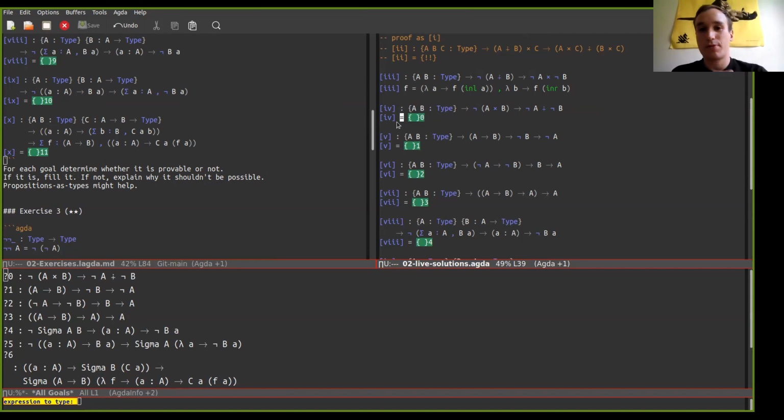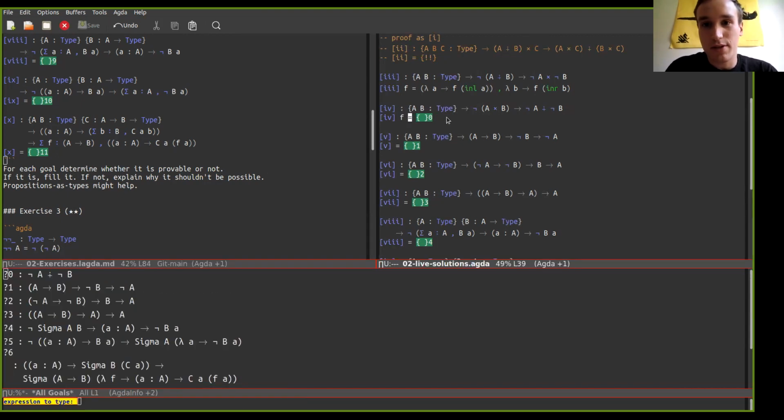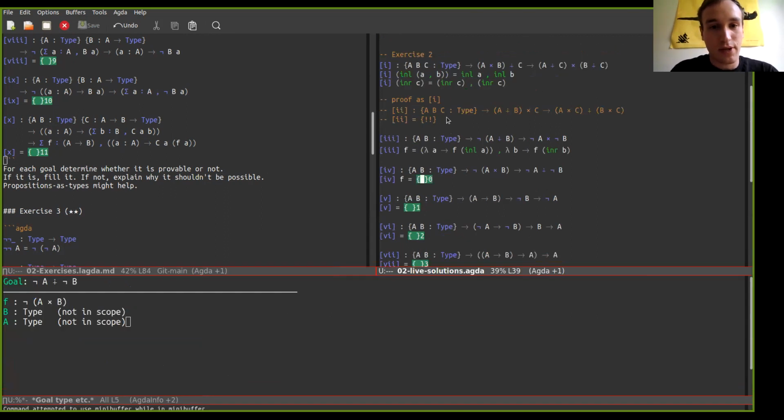So if we try to naively prove this, we make this guy an argument f, because this will be a function that will produce something of the empty type if we give it two things, something of type A and something of type B. But now the goal type is a union, right?